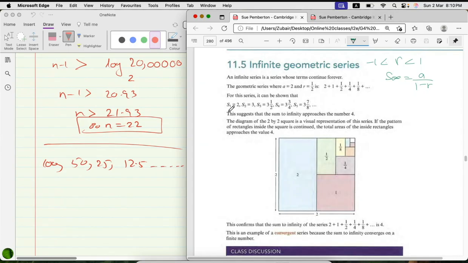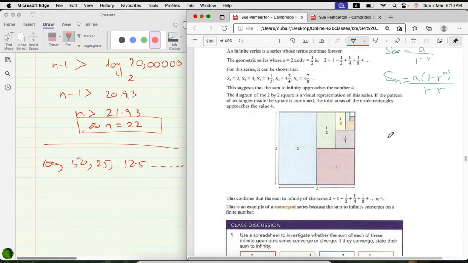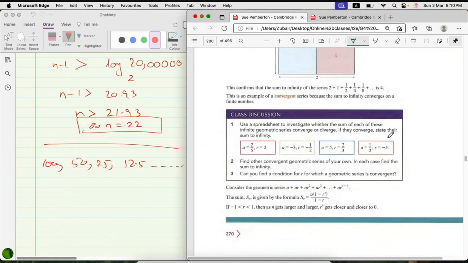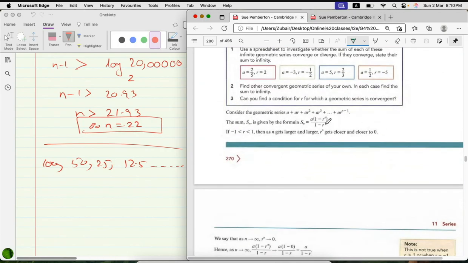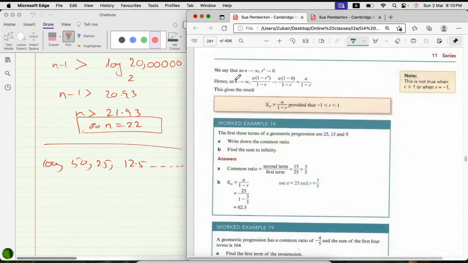So the sum of first term, second term, third term, fourth term: we have that formula, Sn is equal to a into 1 minus r raised to the power n over 1 minus r for the sum of a geometric series. This is the formula, and the sum to infinity is a over 1 minus r.